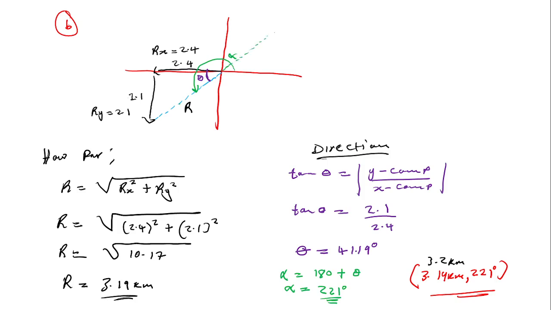This angle we have found is for the first quadrant. For the first quadrant, this angle and that particular angle are the same, they are equal in size. That's why we just wrote it directly like that.